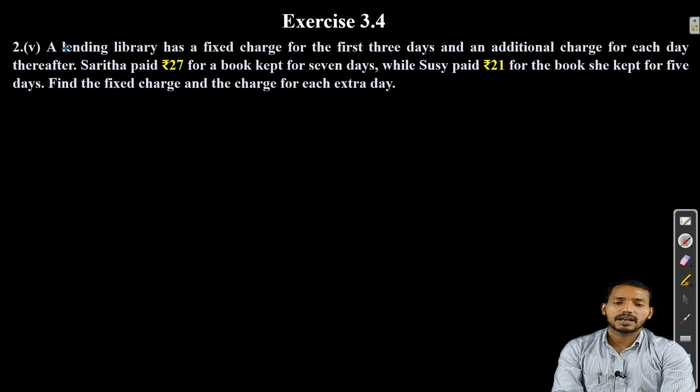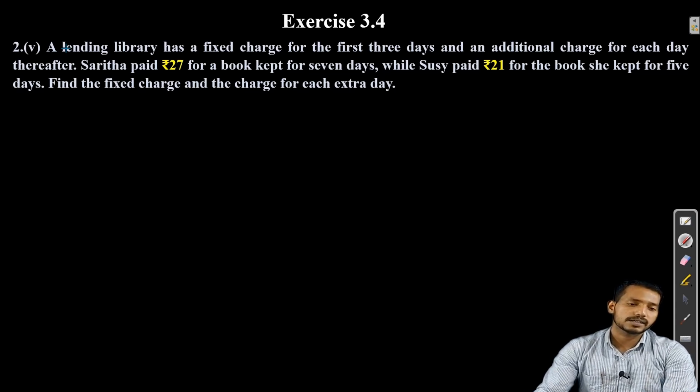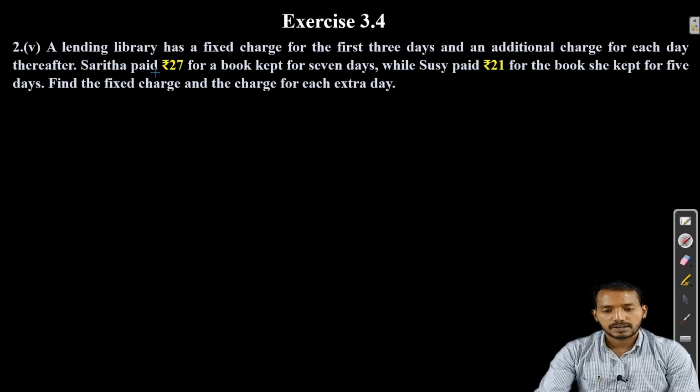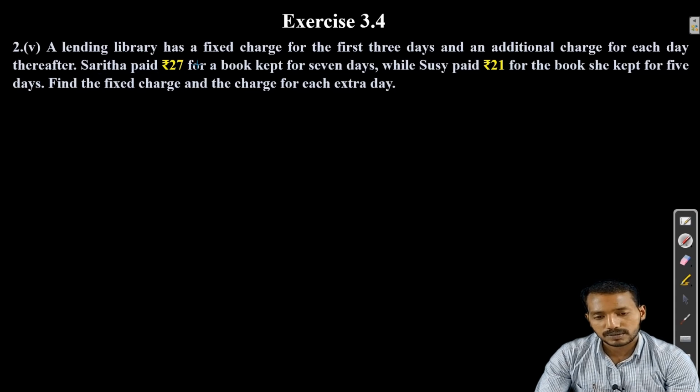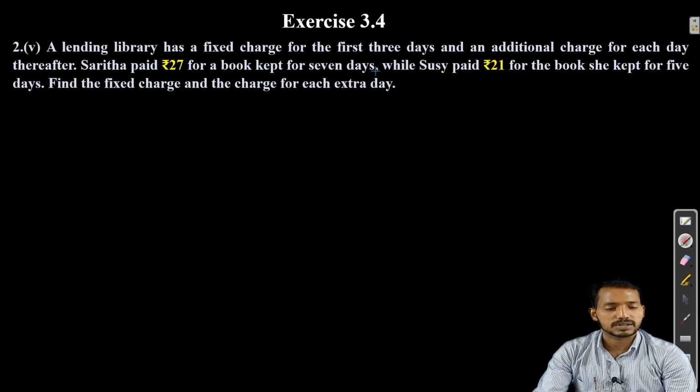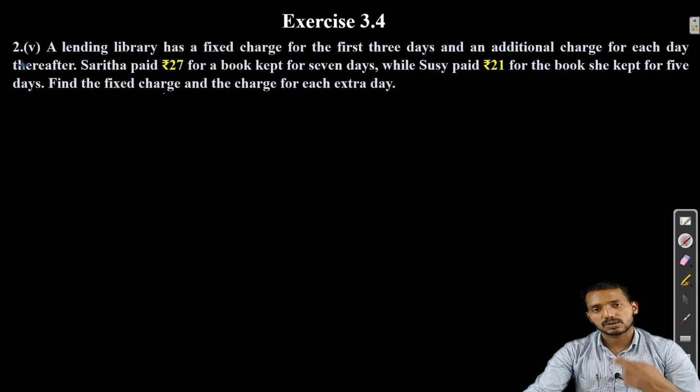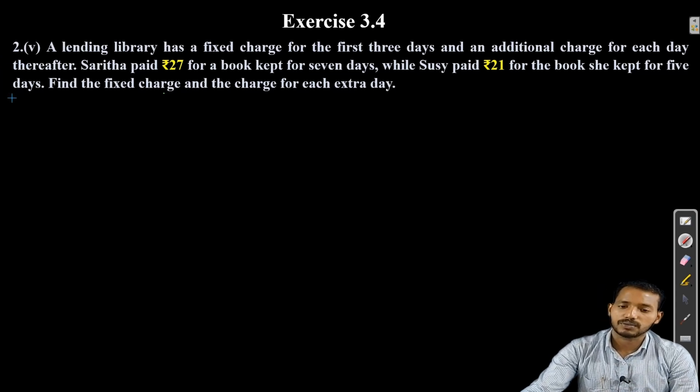A lending library has a fixed charge for the first 3 days and an additional charge for each day thereafter. Sarita paid 27 rupees for a book kept for 7 days, while she paid 21 rupees for the book she kept for 5 days. Find the fixed charge and the charge for extra day. Those are the two variables, unknown quantities we have to find.